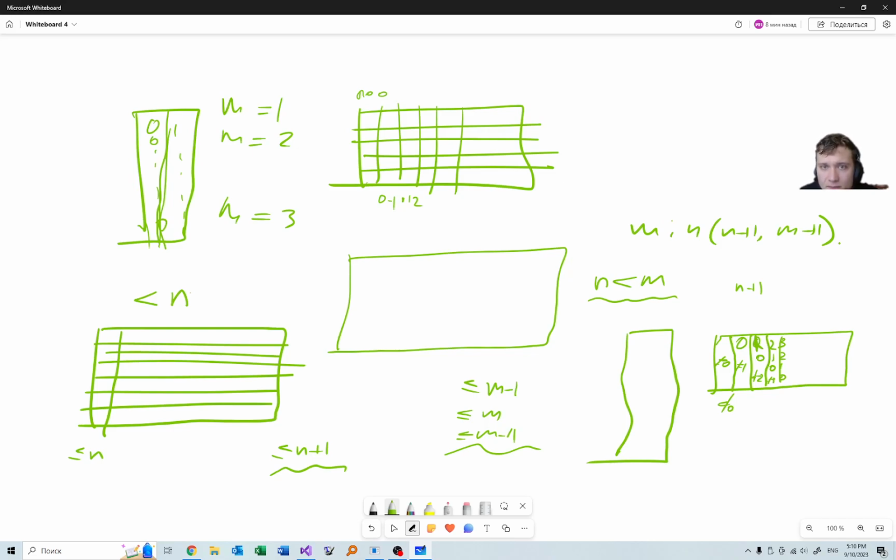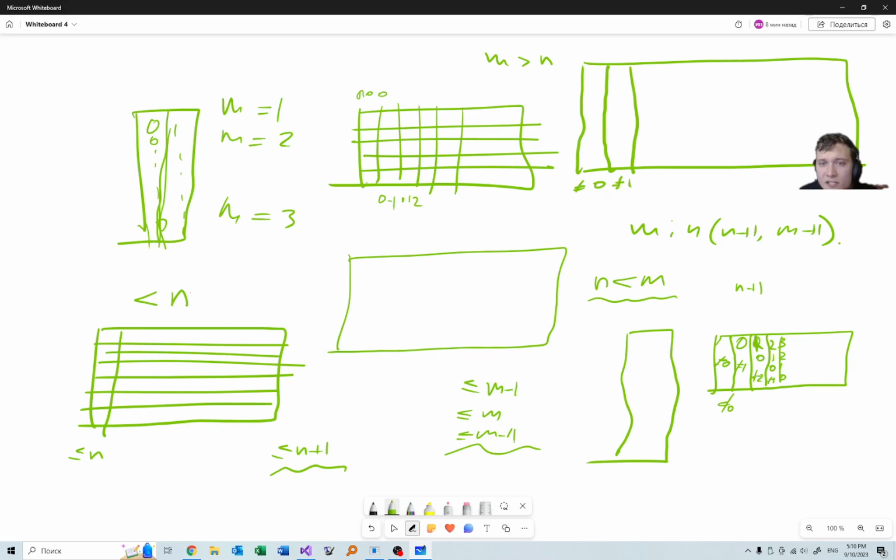Okay, let's see. So let's assume that m is strictly greater than n. Again, so no zeros here, no ones. So I want to get n plus 1.